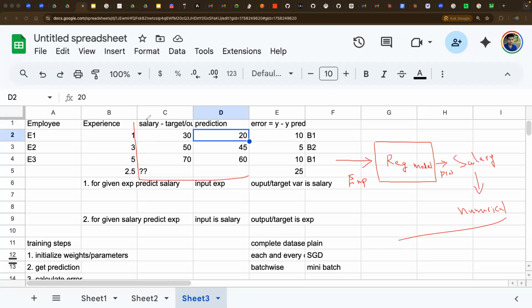You can draw the line like this. Let us say this is, what is the independent variable here? Experience, right? So this is the input. So we can take something like 1, 3, 5 on the x-axis, and on the y-axis the first one is 30, 50, 70.